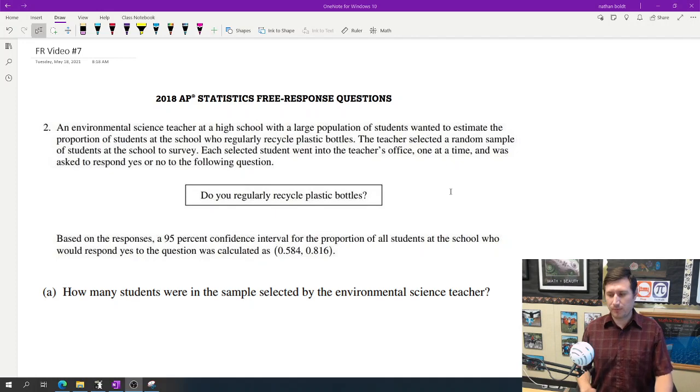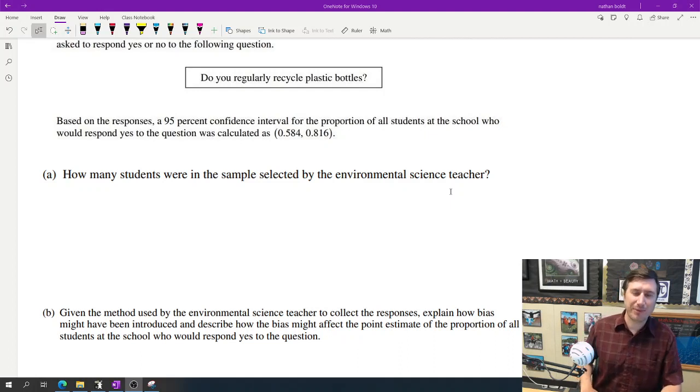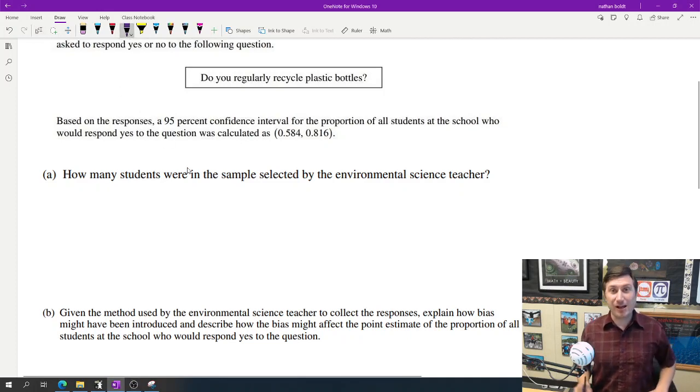All right, so first question, how many students were in the sample selected by the environmental science teacher? All right, this is actually quite an algebra heavy question. So we have to work backwards from this confidence interval to find the sample size. So your confidence interval, let's just do a quick review here, is your point estimator plus or minus the margin of error.